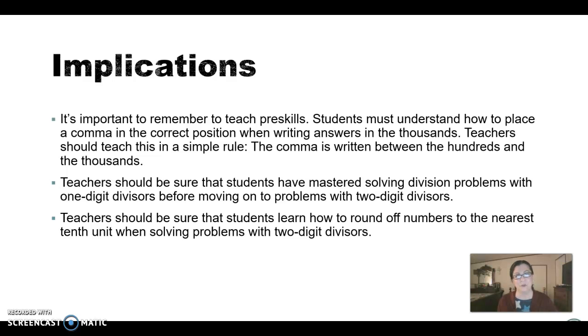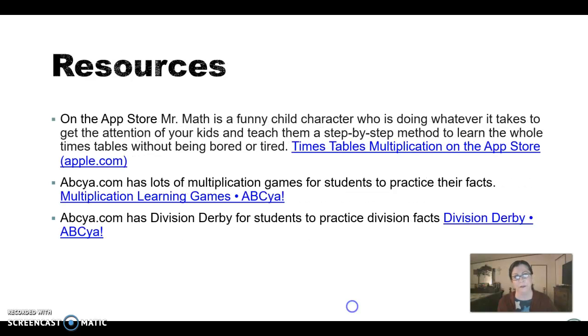Teachers should be sure that students have mastered solving division problems with 1-digit divisors before moving on to problems with 2-digit divisors. Again, because it is much more complex. And teachers should be sure that students learn how to round off numbers to the nearest 10th unit when solving problems with 2-digit divisors. But again, that is much later. But that's what I got from our reading.